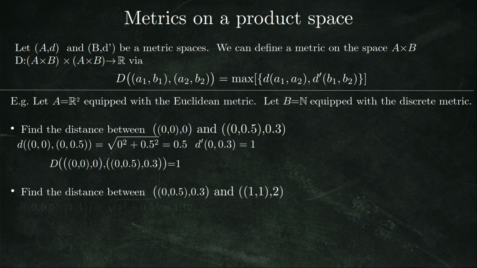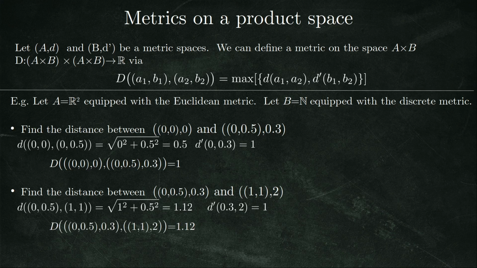Okay, now you've had a go. D of (0, 0.5) and (1, 1) gets you about 1.12. And then D prime, those points are different, so we get 1. Therefore, capital D of these 2 points is 1.12.